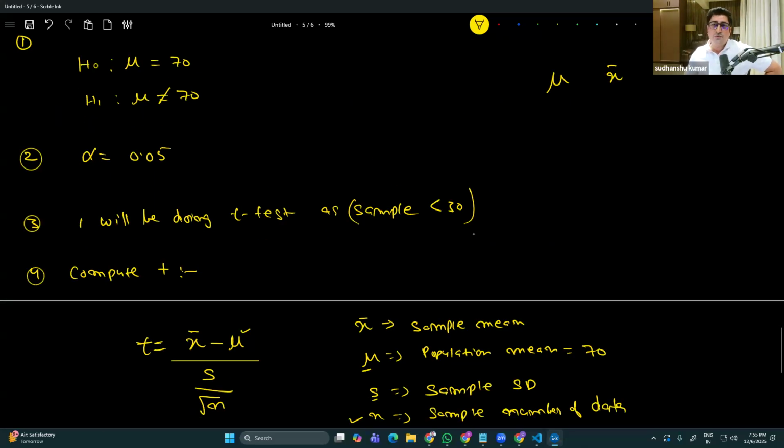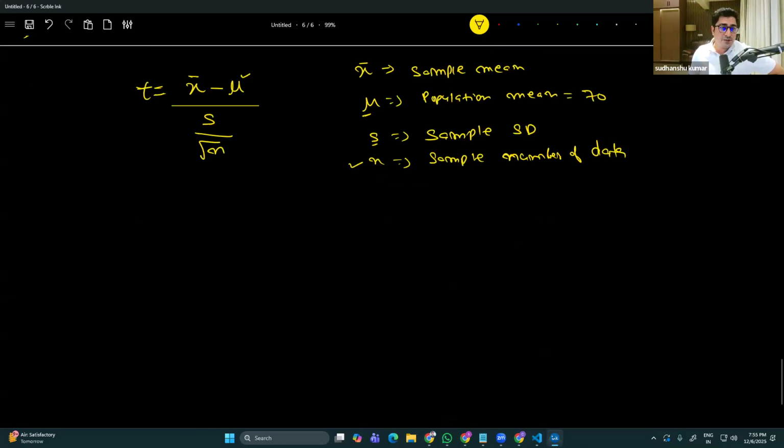So these things are going to give me a calculation for my T, and eventually I will be able to complete point number 4. Let's complete point number 4, then we will jump into point number 5. First of all, let's do the computation. Can anyone give me a value of X bar?